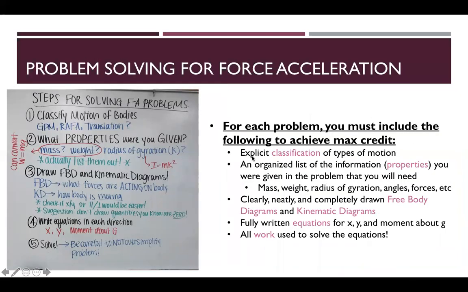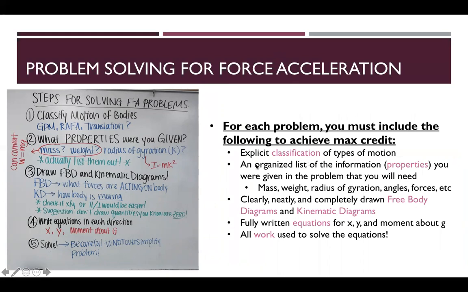So, really quick tips for problem solving. These are the steps that our professors have defined for us. Pretty straightforward. You classify motion, list what properties you're given, and then draw the diagrams and solve them, right?